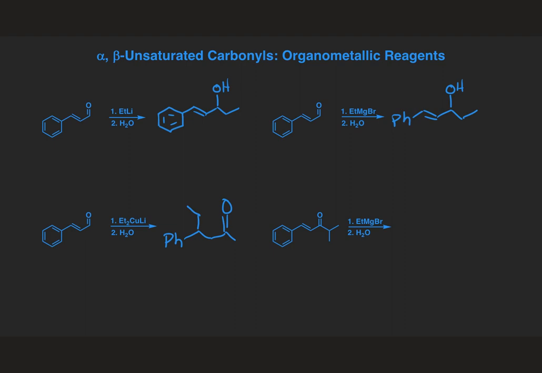However, if you increase the steric bulk of your alpha carbon by, say, putting an isopropyl group there, the kinetic addition becomes addition at the beta position. And so sometimes you can see conjugate addition or 1,4 addition with Grignards, especially if the alpha carbon is sterically hindered.